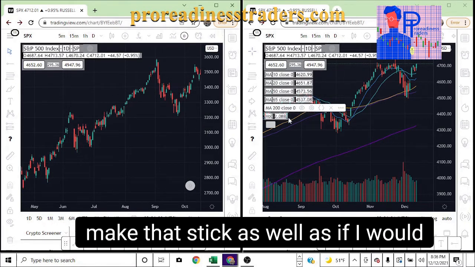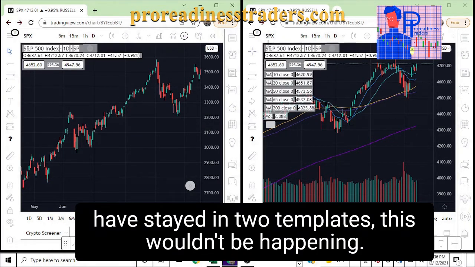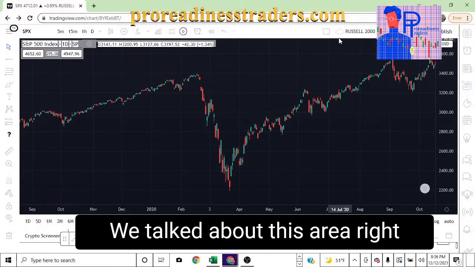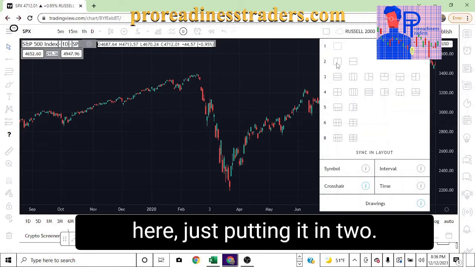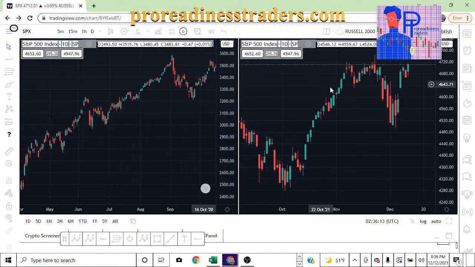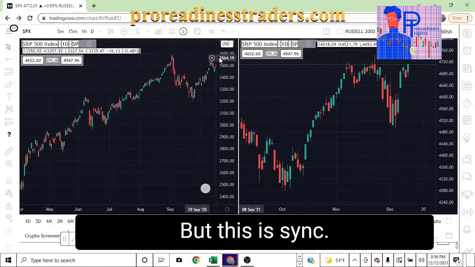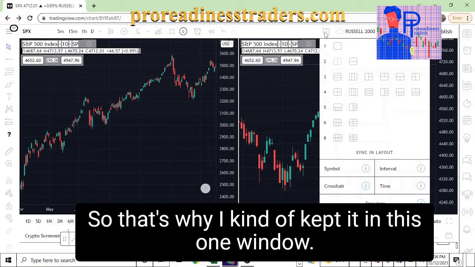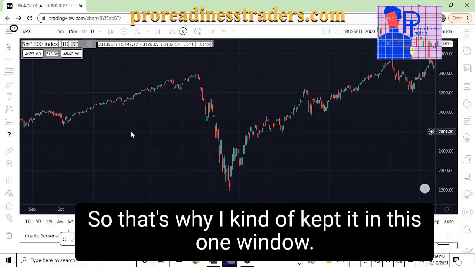If I had stayed in two templates, this wouldn't be happening. What I mean by templates, we talked about this area right here, just putting it in two. Now it stays the same. But this is synced, and right now I don't know how to take it off sync, so that's why I kept it in this one window.